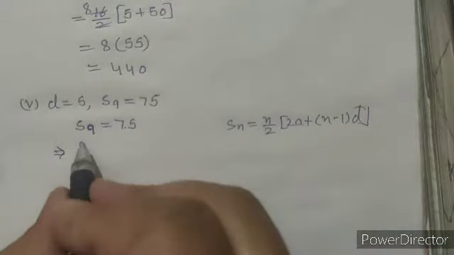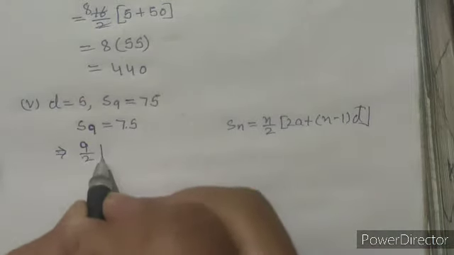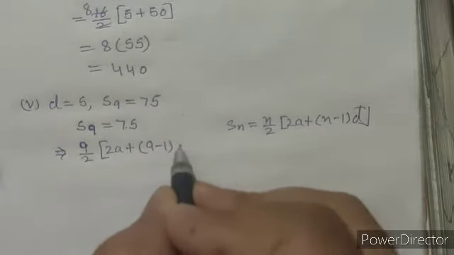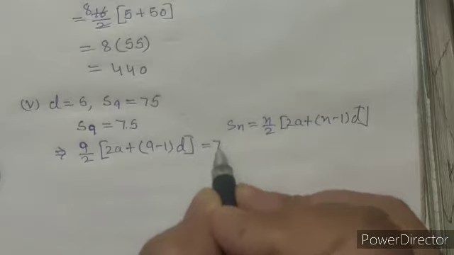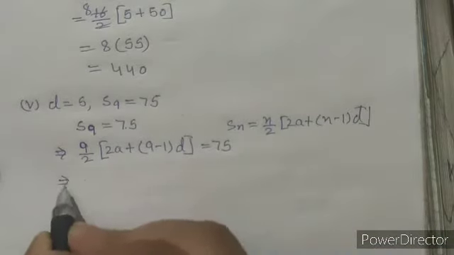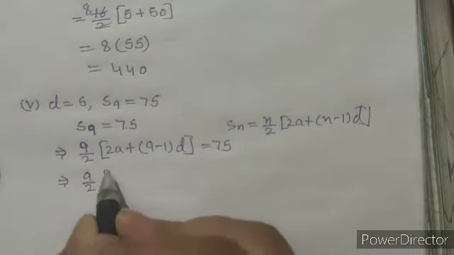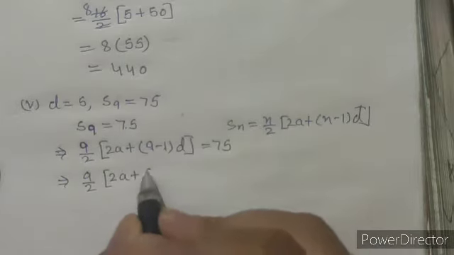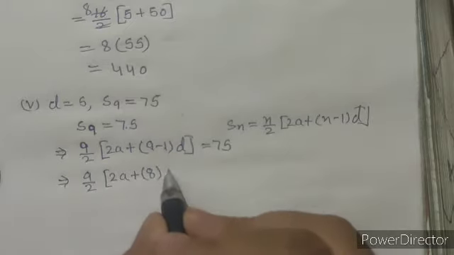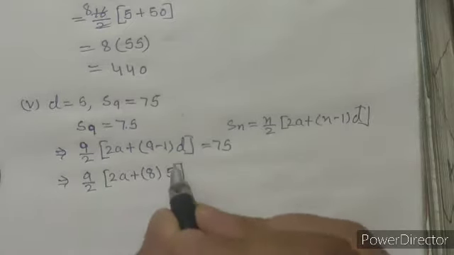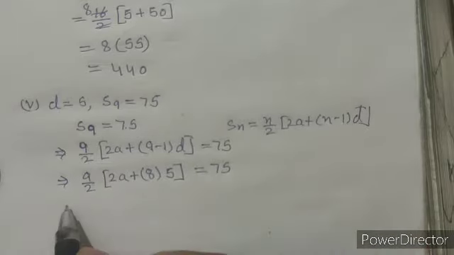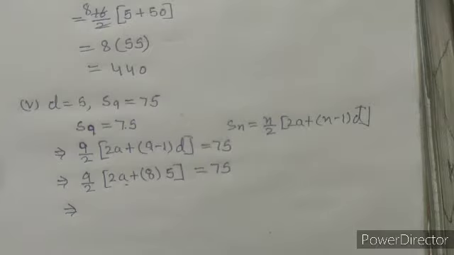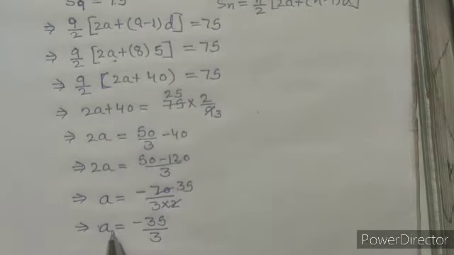So we can write S9 as 9 upon 2 (2a plus (9 minus 1)d), and that is given to us as equal to 75, and this will be equal to 9 upon 2 (2a plus 8 into d), and d was given to us as 5. Now on solving this, we can find the value of a, and here the value of a is minus 35 by 3.